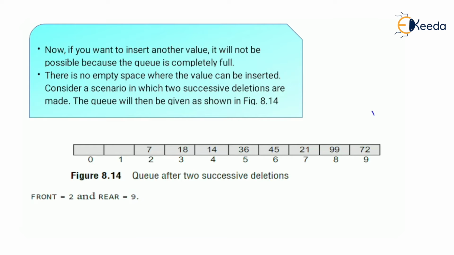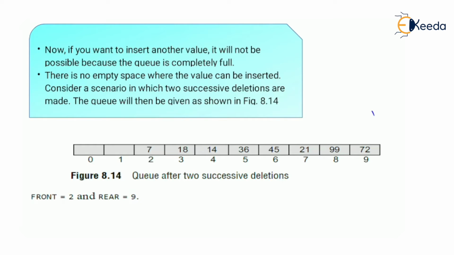There is no element in the 0th and 1st locations, though some old values may still be present in memory. As the space is there, the queue is still considered completely full because we are not in a position to insert data.